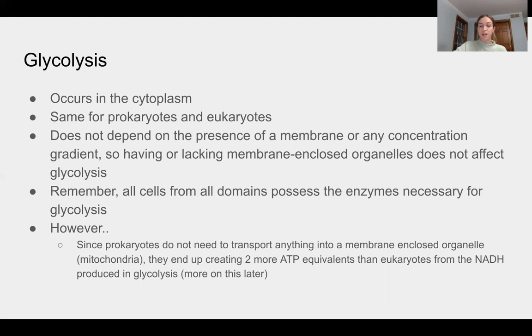Since prokaryotes don't need to do that, they actually end up creating 2 more ATP equivalents than eukaryotes. I'll have all of these numbers with how many ATP equivalents, how many NADH, FADH2, and all that stuff is produced at the end of today's lecture as a little summary.